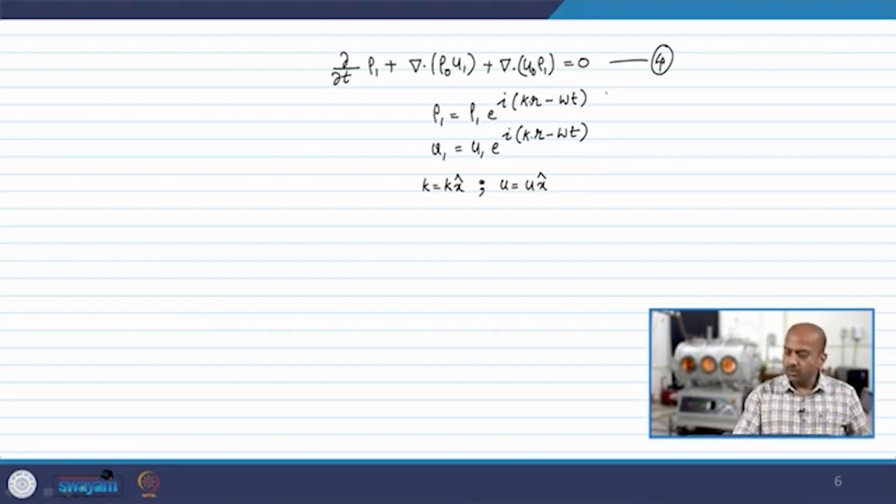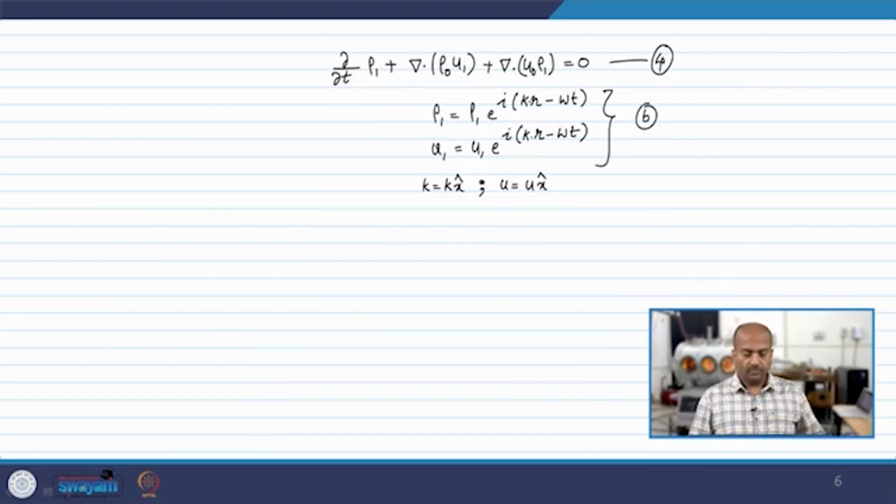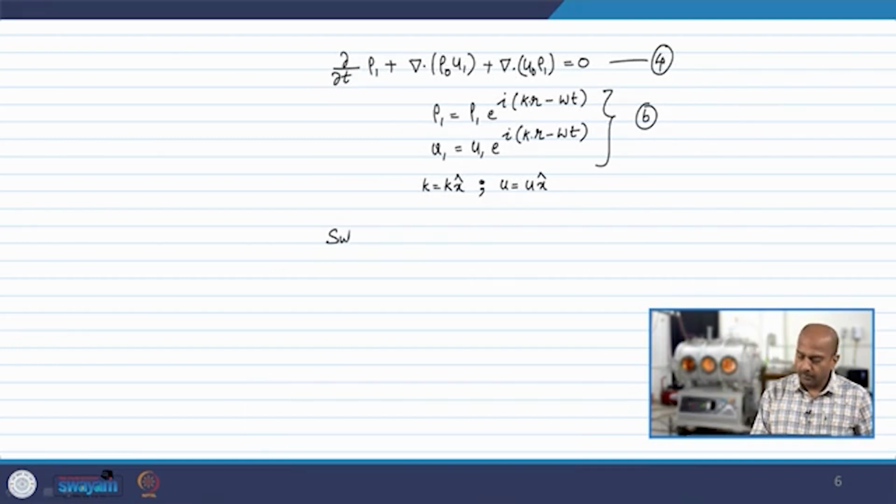When we substitute these, let us say we call this set of equations as B, we substitute B into equations 3 and 4.